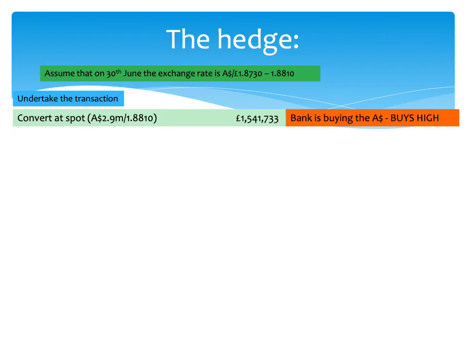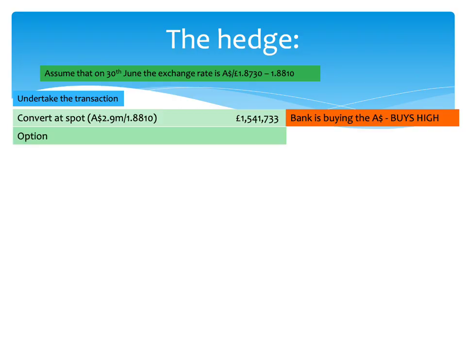Because again, what is the bank doing with the foreign currency? It's buying the Australian dollars that we receive, and therefore it buys high. It divides through by the biggest figure possible to give us the lowest amount of sterling it can. So we're going to end up with £1,541,733.